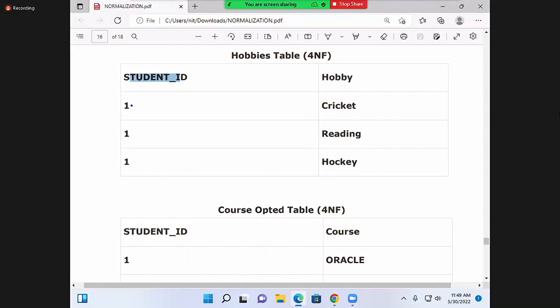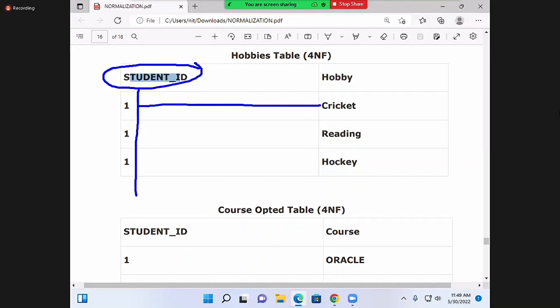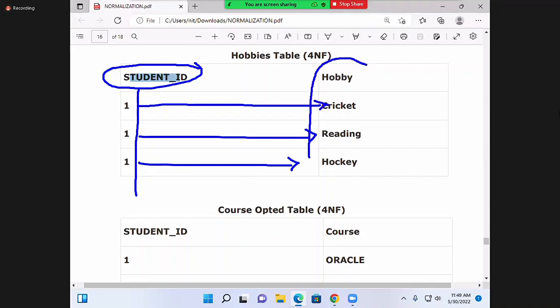Here in the hobbies table, a column's same value matches with multiple values of another column. So it is a multi-valued dependency column. But how many such columns are there? Only one.